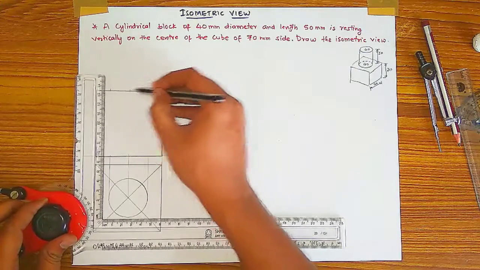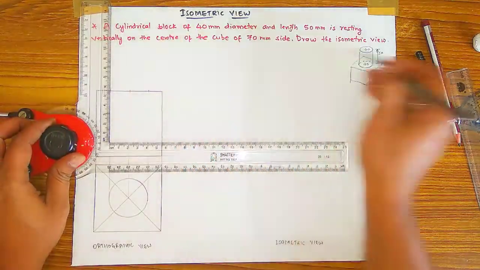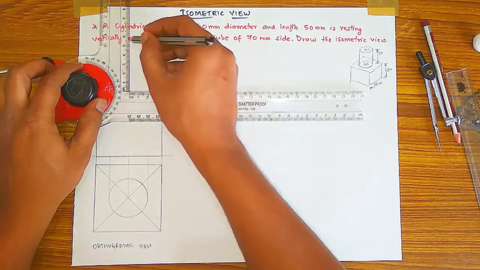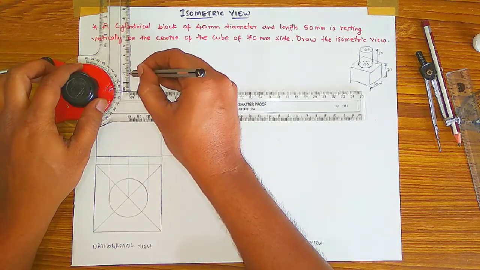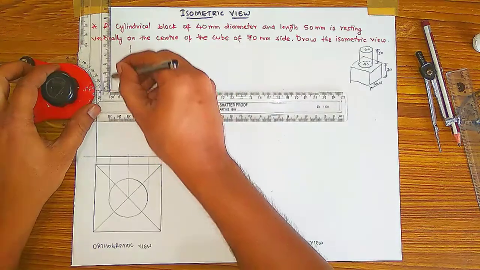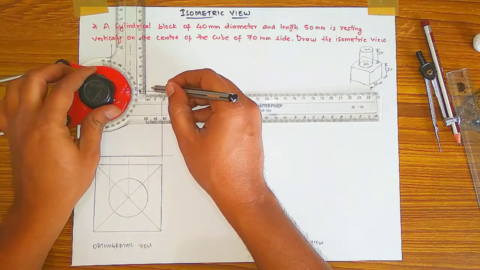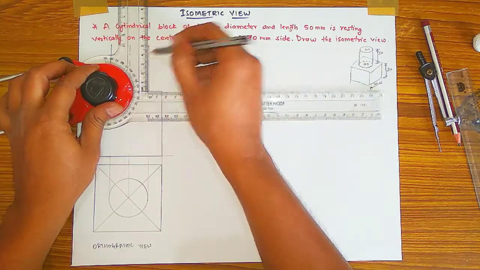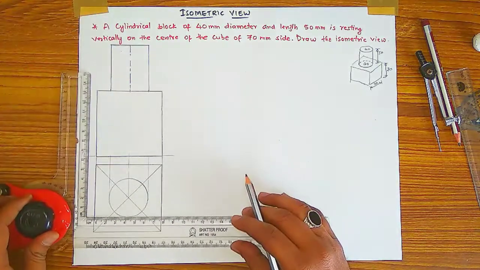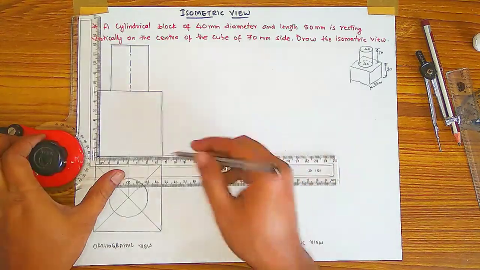Now I have the width of this cylinder, and the axis height is 50 mm. So from here you have to draw a 50 mm axis line like this, and from here also draw the cylinder lateral edges of 50 mm because its height is 50 mm, and also join this line. The cylinder front view is over.